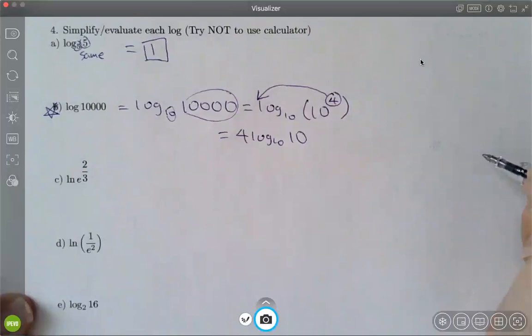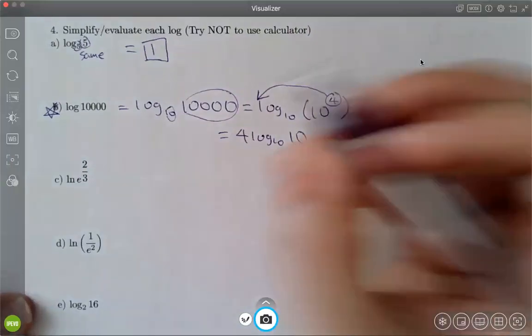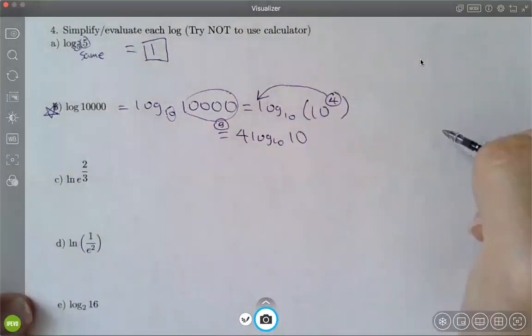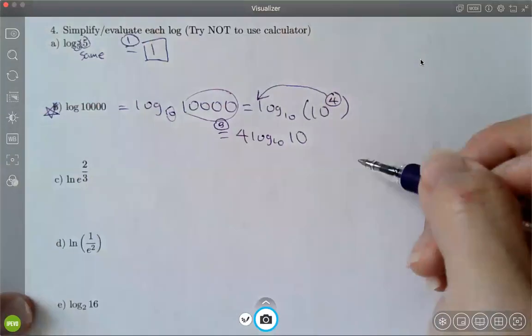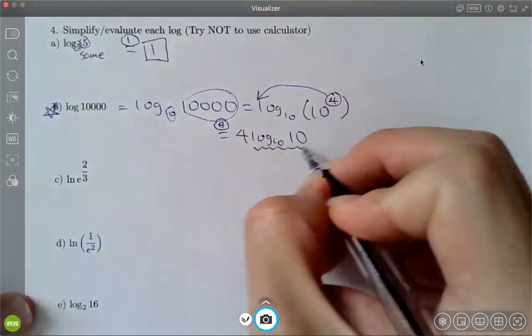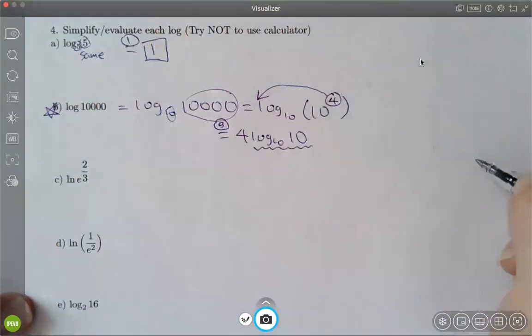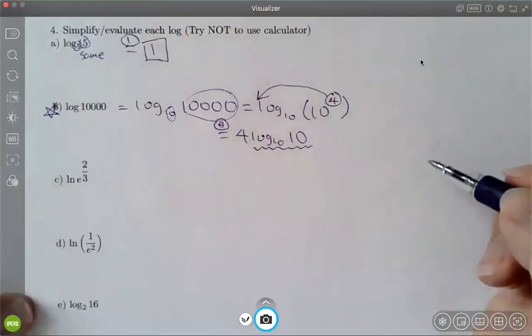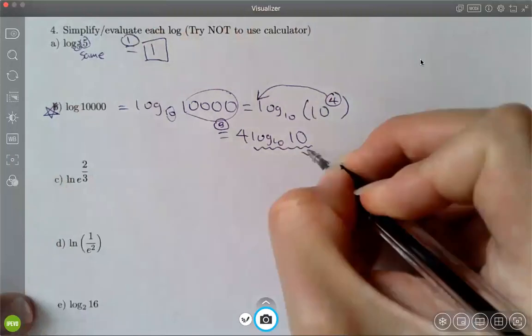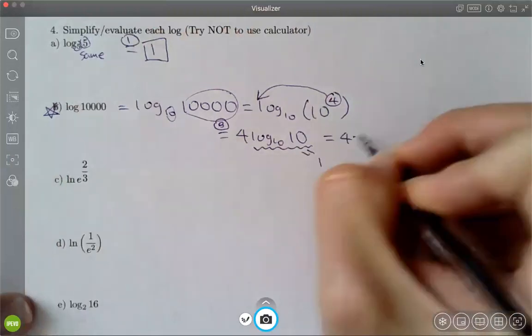This is due to rule number 3, I think. And this is due to rule number 1. So now, what is this? Log base 10 of 10, because of the same reason as part A, is equal to 1. So this is equal to 1. What does that mean? 4 times 1, so that's equal to 4.